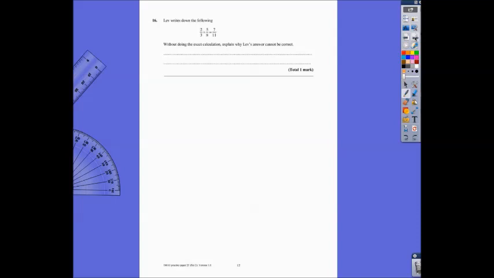Question 16. Lev writes down the following without doing the exact calculation. Now this is really important. Usually I would tell you to write down the exact calculation to explain why someone's wrong, but in this case it's saying not to do that. You've got to actually explain why it cannot be correct, without actually working it out. The only way we could do that is by looking at the numbers.